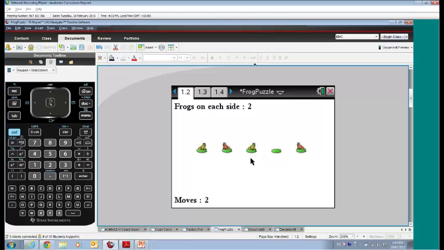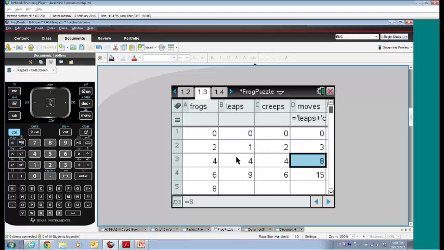So whilst he's got to move a total of 12 spaces altogether in the puzzle, let's go back. Each leap represents 2 lily pads, or 2 spaces. So 2 4s are 8, plus the 4 is 12, so there's a total of 12 spaces that are being moved. It's just that some of them are moving 2 at a time.